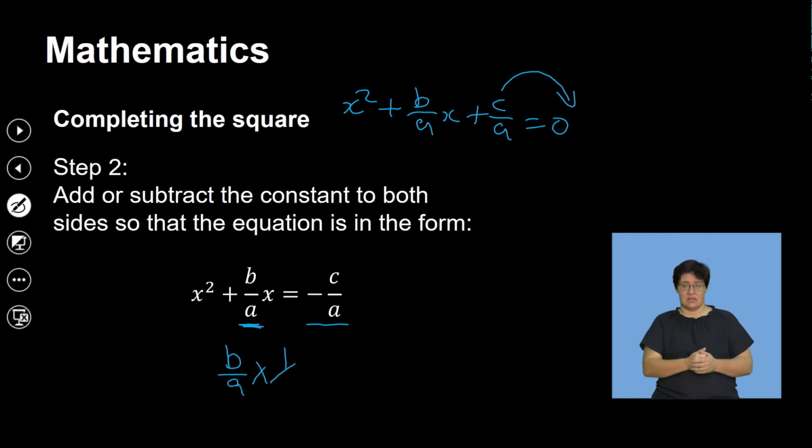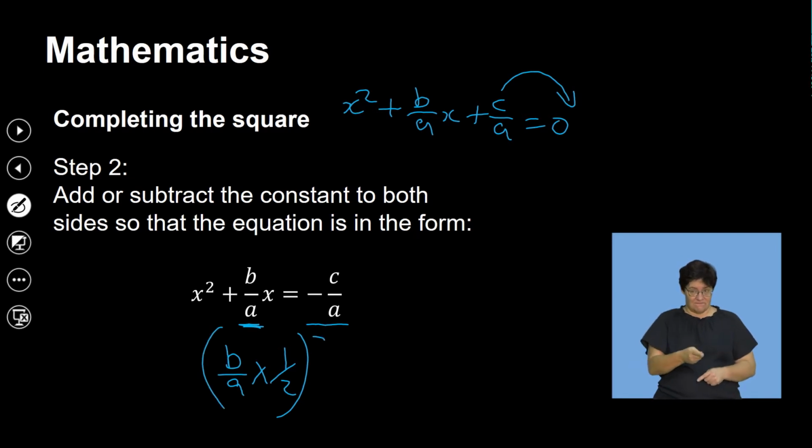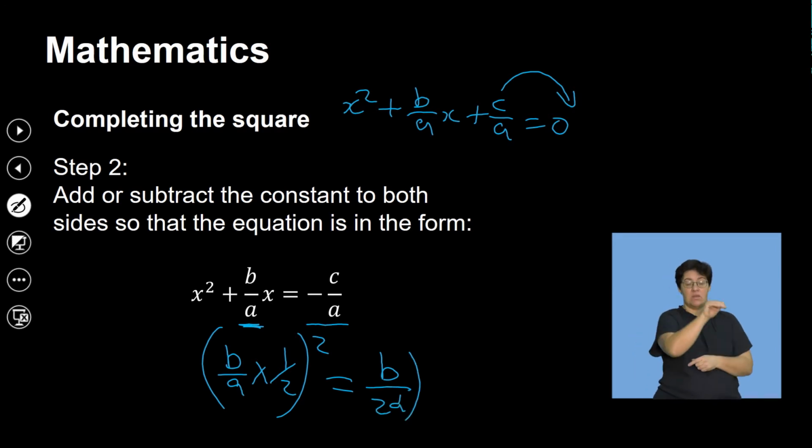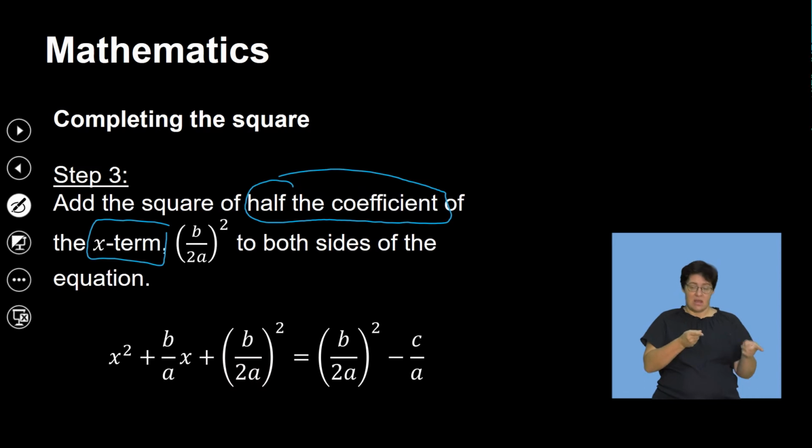Firstly, you half it, and then you square it, and then add it on both sides. So this will be the same as b over 2a, all of this squared. So that's what I mean. And then you take this thing that I have here and add it on both sides. That's what step 3 says, right? So I'm adding it here and I'm adding it there.